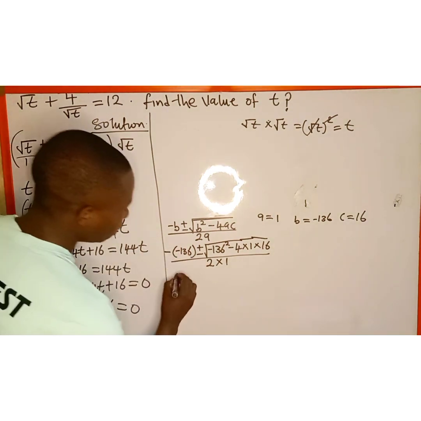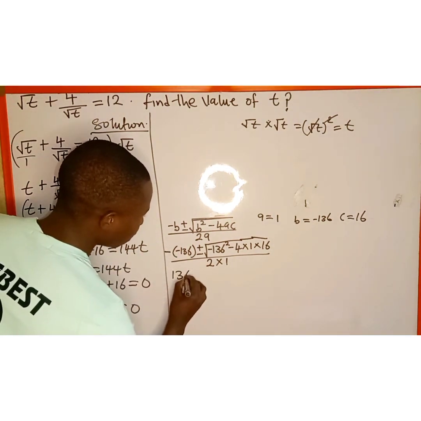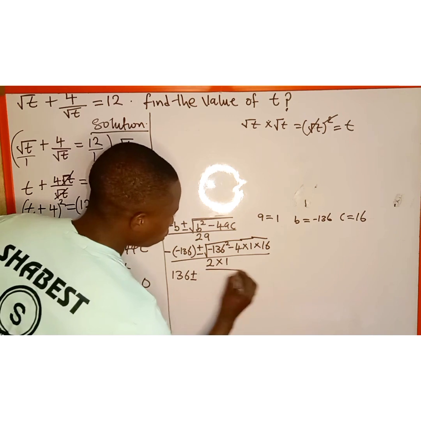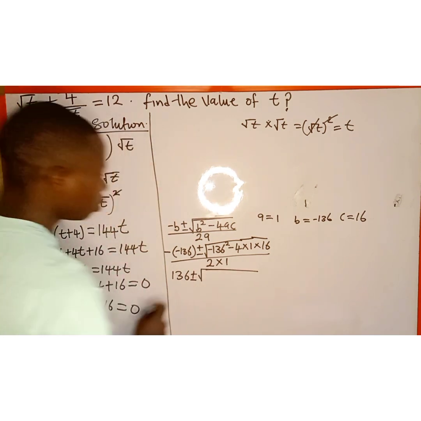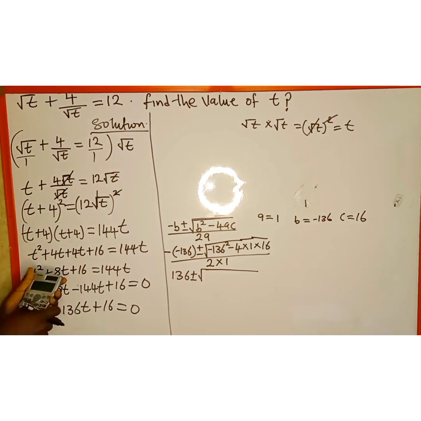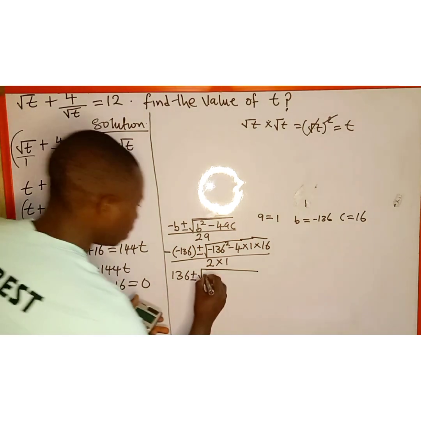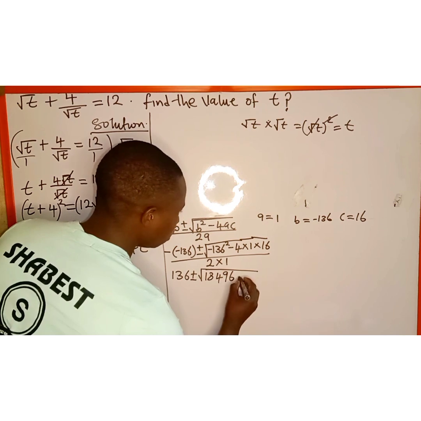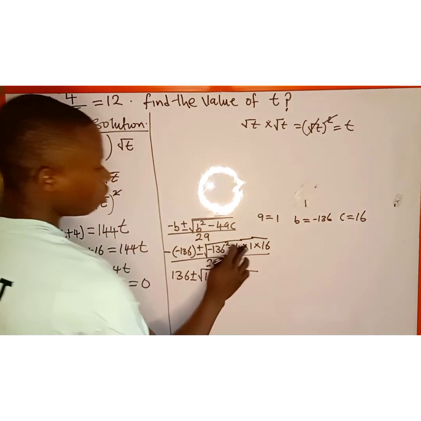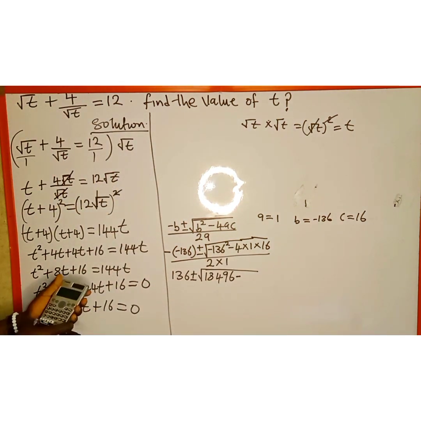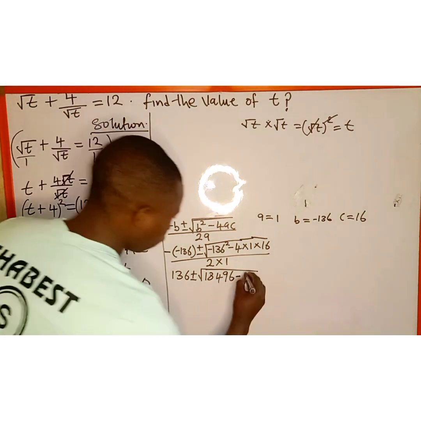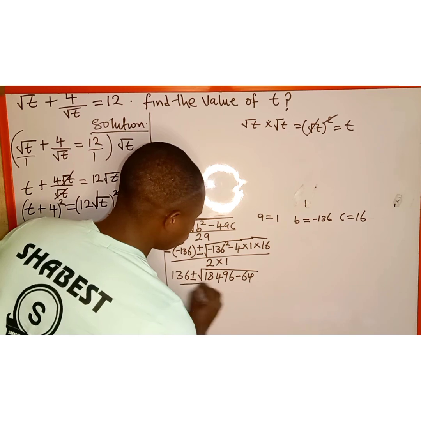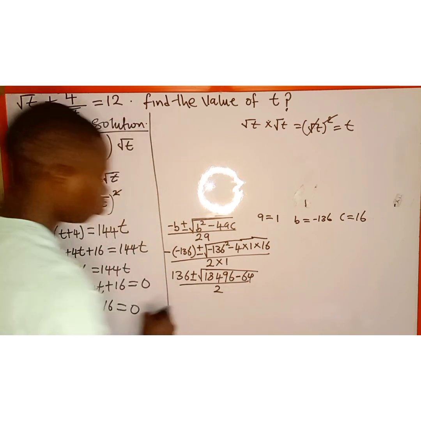Negative multiplied by negative, it will give me positive 136 plus or minus, then we open our square root. 136 squared will give me 18,496. Then minus 4 multiplied by 1 is 4. Then 4 multiplied by 16, it will give me 64. Everything all over 2 multiplied by 1, which is 2.